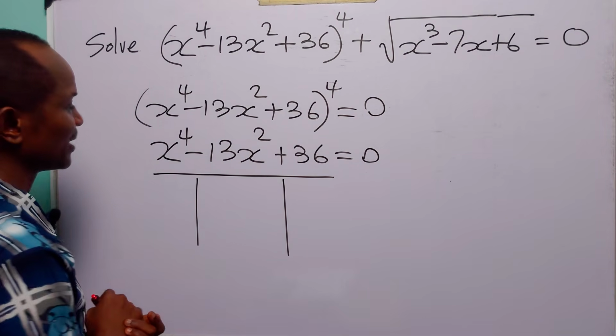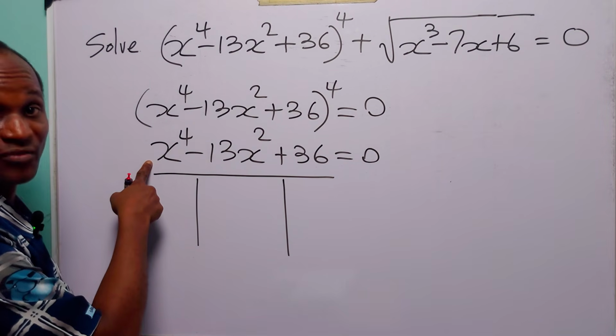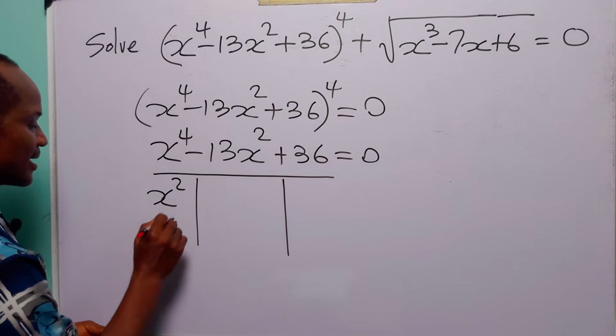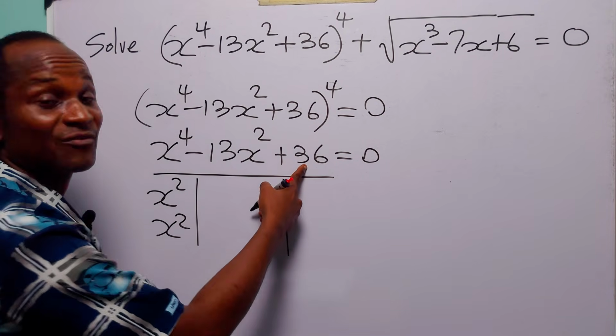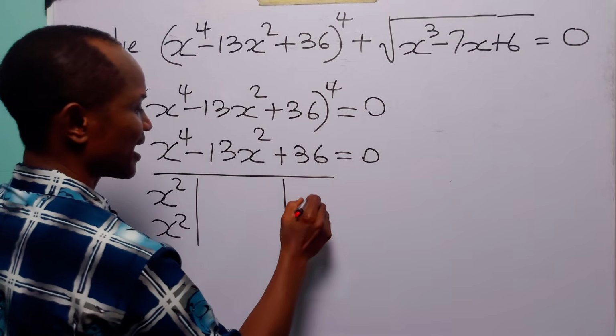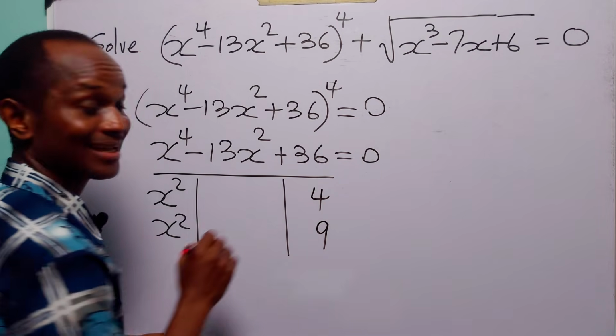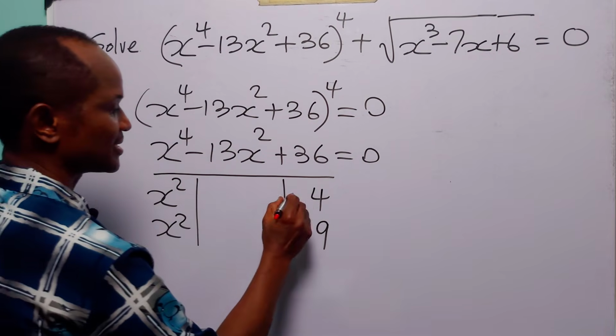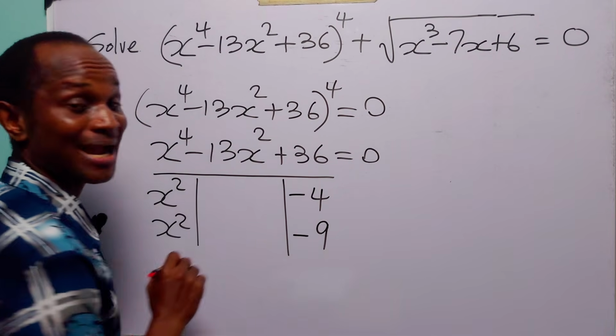Let us use the table method. What are the factors of x to the power 4? We have x squared and x squared. What are the factors of 36? We have 4 and 9. Now, because the middle term is negative, let this be minus 4 and let this be minus 9.